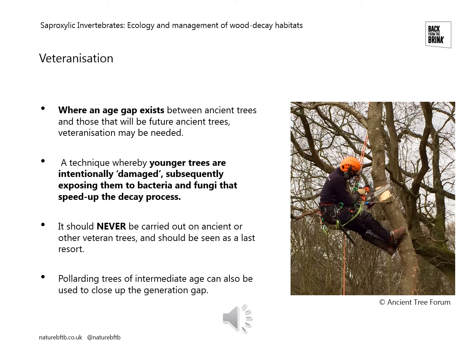So it should never be carried out on, for instance, existing ancient or veteran trees, as these already have the features that our saproxylic invertebrates need. And it should just be seen as a last resort, really, because we don't want to intentionally damage trees if we can help it. But pollarding is a good traditional method in order to close up the generation gap.